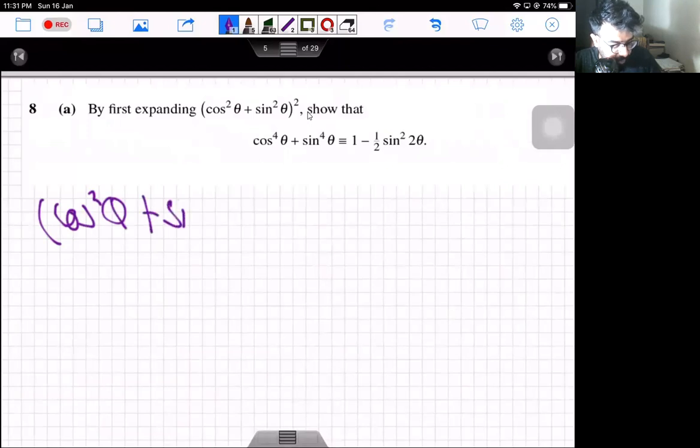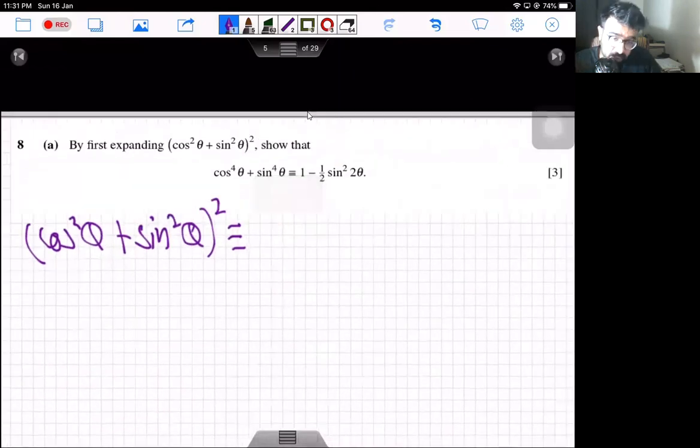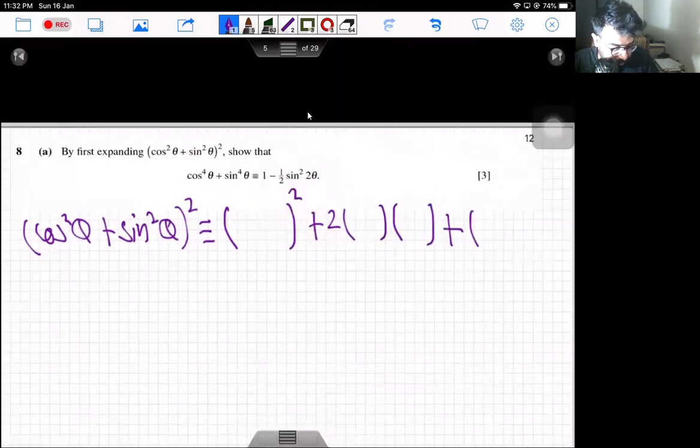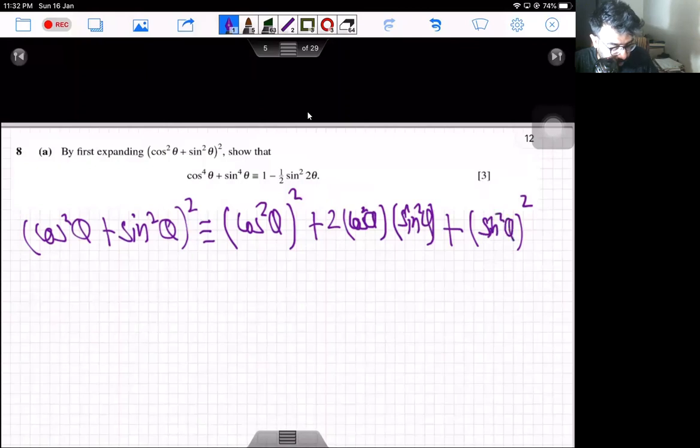(cos²θ + sin²θ)² is equal to a² + 2ab + b². We will use the expansion. So (cos²θ)² plus 2 times cos²θ times sin²θ, plus (sin²θ)².